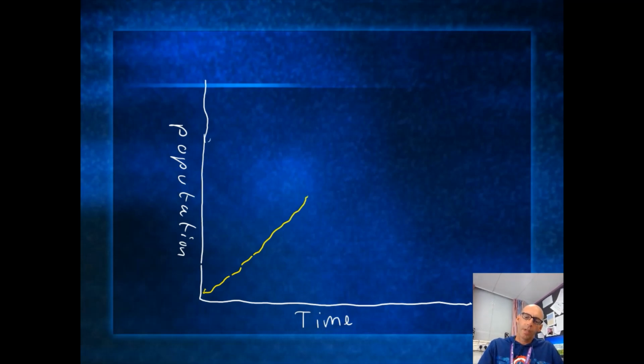Now, because there's more Care Bears around all of a sudden, now the number of Zuzu pets starts to rise as well. That blue line is showing the Zuzu pets, the predator. The yellow line showing the prey, the Care Bear. Now though, because here there's now quite a lot of predators around, that means more of these are going to be eaten and the number starts to go down.